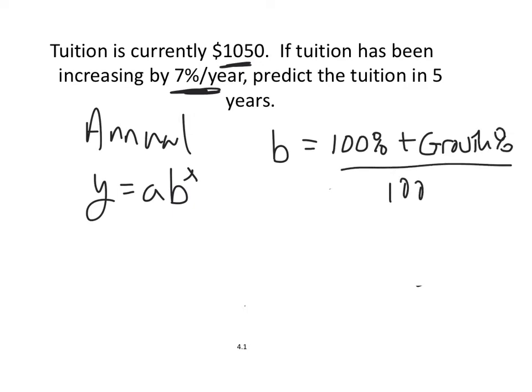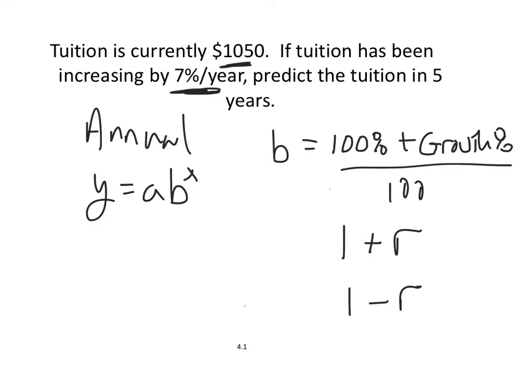But you guys are a little more sophisticated than that, so we'll just call it 1 plus r, where r is the growth rate. If it's a decay, if it's decreasing, it'll be 1 minus the rate, or you could think of it as the rate being negative. And of course, a is the initial value for all of these kinds of problems in this section.